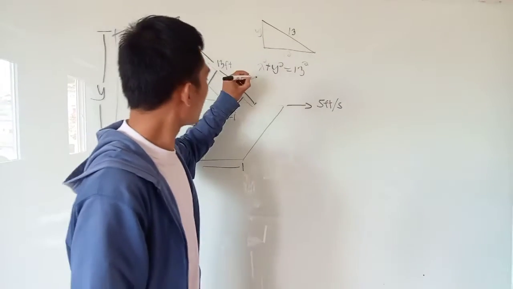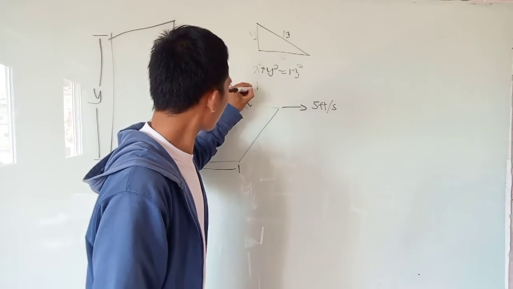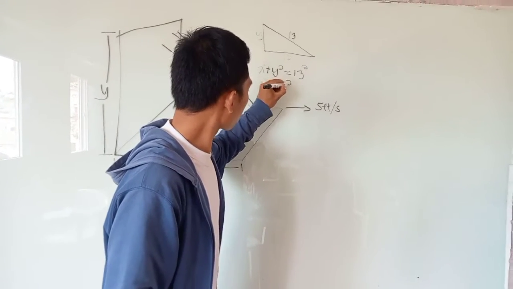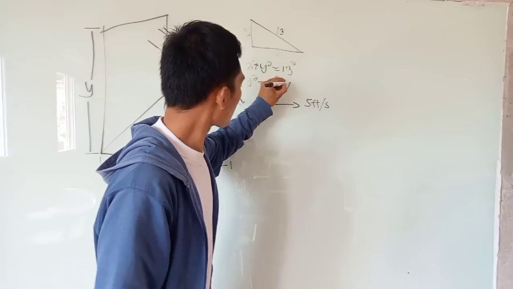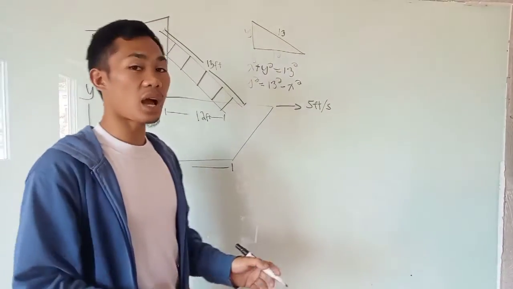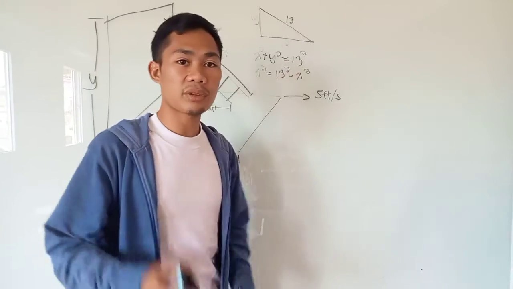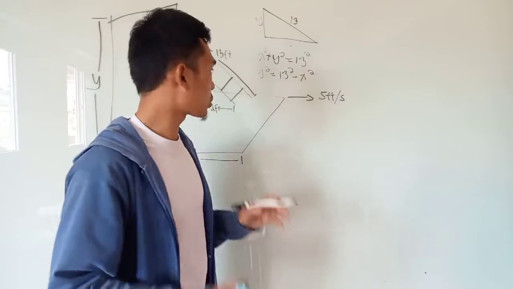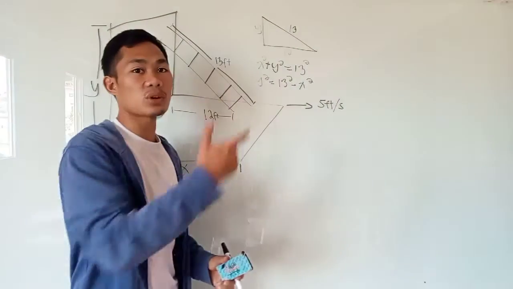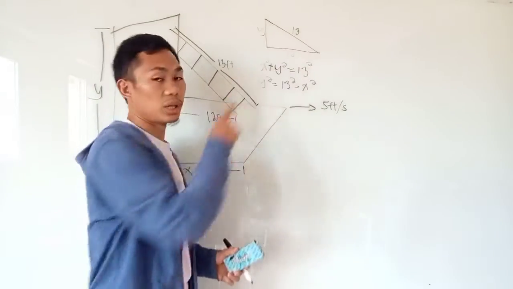So y squared is equal to 13 squared minus x squared. We already have the value of x, which is 12, the distance from the base of the ladder to the wall.